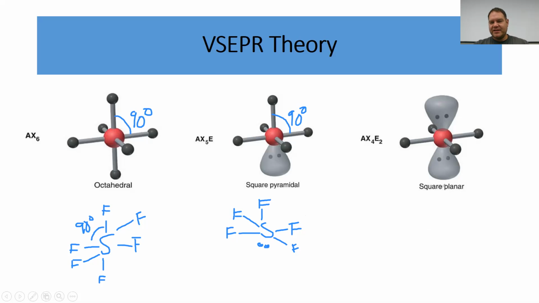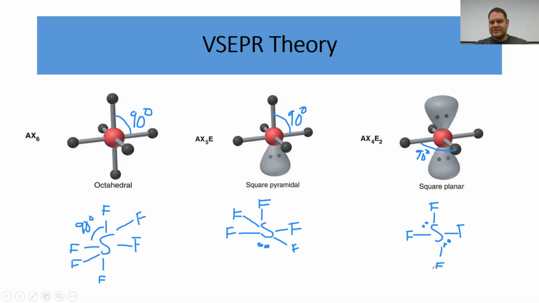And then finally, a square planar, we have 2 lone pairs now, and really, again, the angle here is going to be 90. They're all going to be 90 degree angles. So it would look literally kind of like a square, like so, and then you have lone pairs like this, okay?